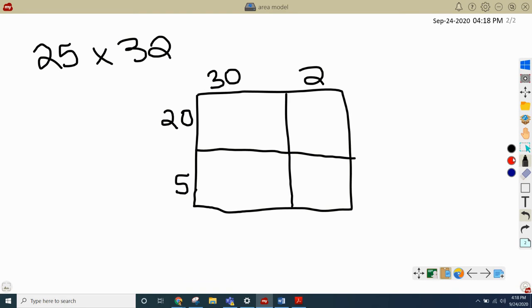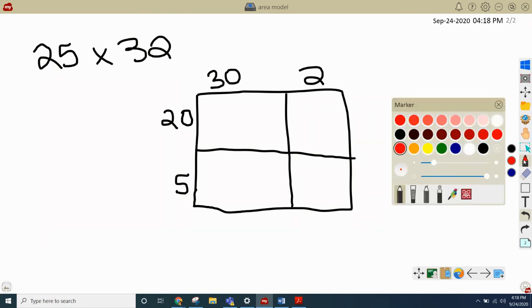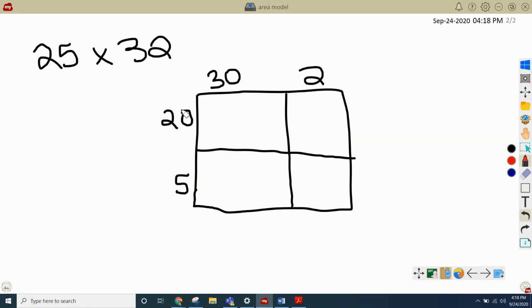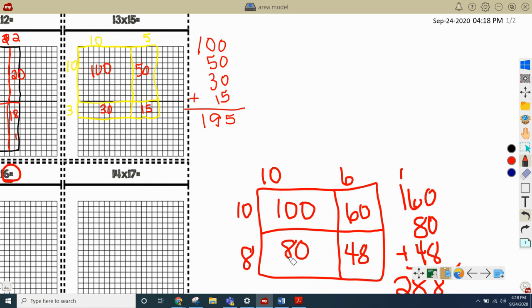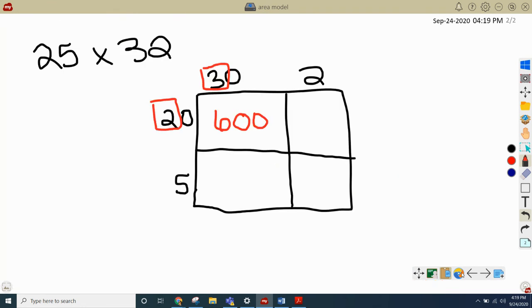And now I know it's not as easy as 10 times 10, but we've been practicing multiplying using our basic facts. So here we're still going to use our basic facts to multiply. We're going to use 2 times 3, which is 6, and we just add 2 zeros. Okay, if this box represented 8 times 10 is 80, then this box is representing 5 times 30.